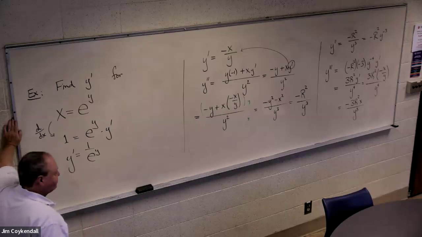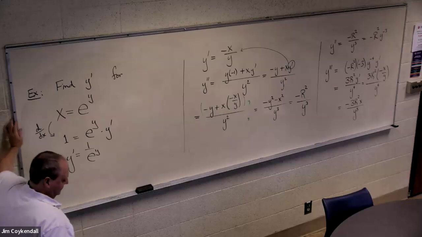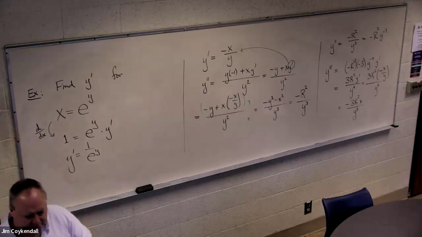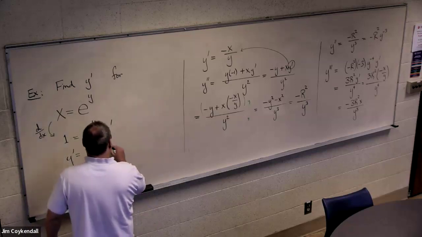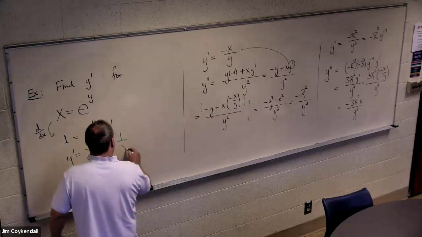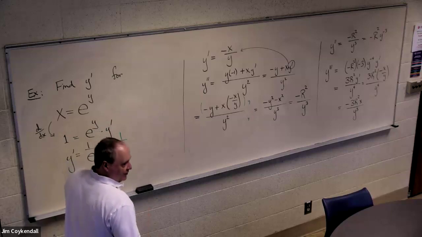So y prime is 1 over e to the y. Great. Very good. Look back to the original equation. Is there another name for e to the y? So if I wanted to write this in a way that would not confuse my friends quite so much, I could write this as what? 1 over x.